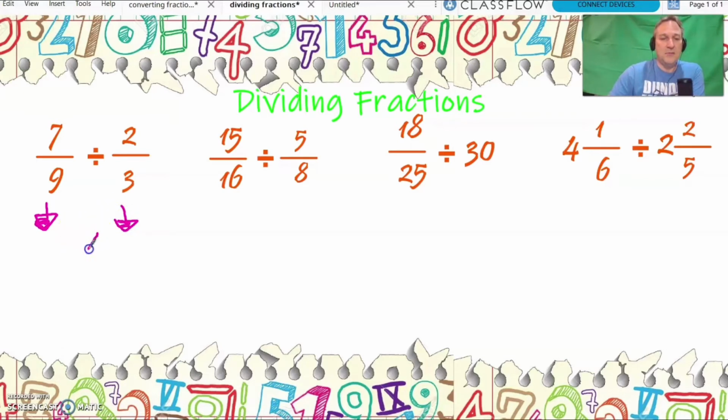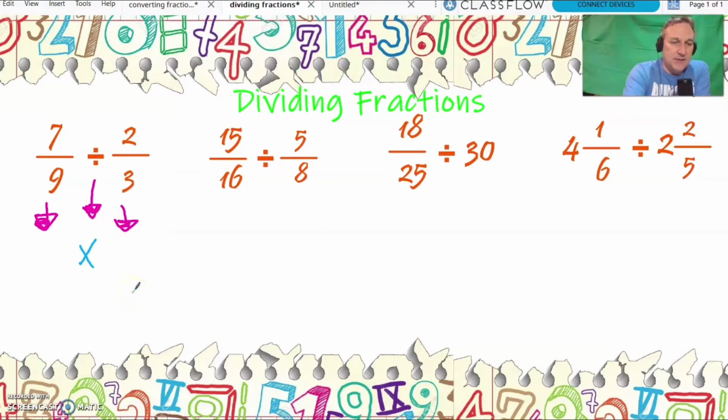We're going to turn this into a multiplication problem. We actually change the division sign into a multiplication sign.